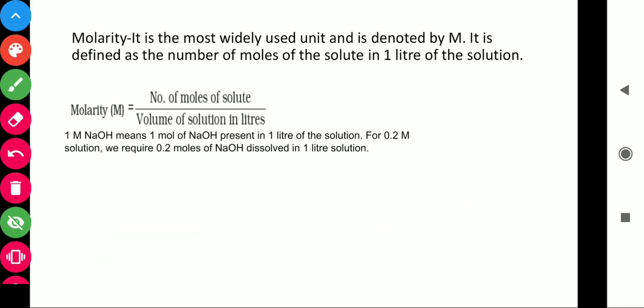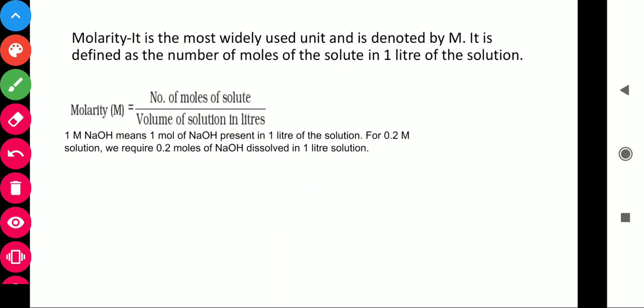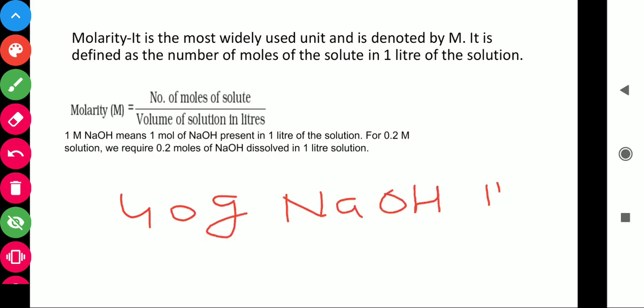Let's do one numerical. If we have 40 gram NaOH in 2 liter solution, what is the molarity?